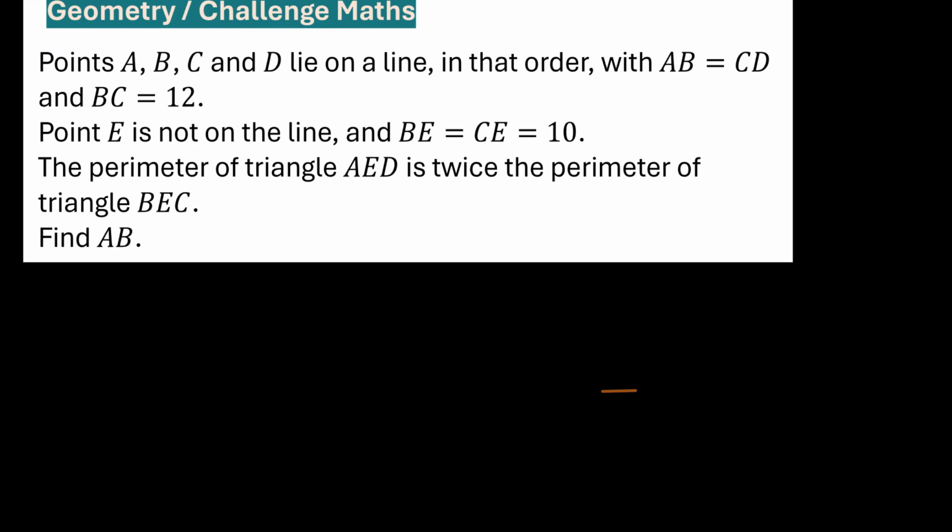This is our line here, and then we have the points A, B, C and D, and AB is equal to CD, and then there's a point E somewhere here, and then we join these points.